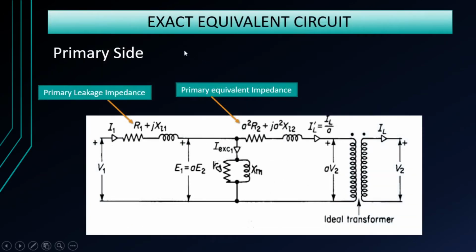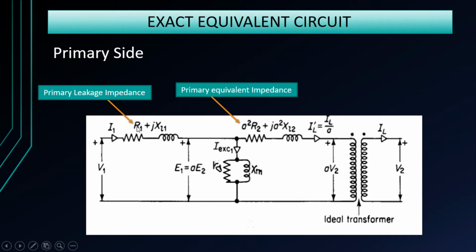Next, here is the exact equivalent circuit in the primary side. Ito na yung i-represent natin yung actual apparatus into circuit. So, we are going to discuss the primary side. First, we have here the V sub 1 or the effective applied primary terminal voltage, the I sub 1 or the effective primary current.